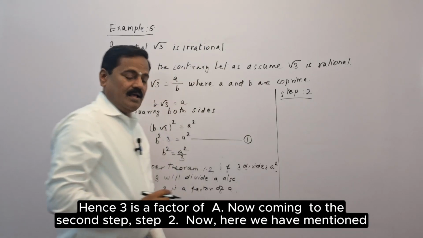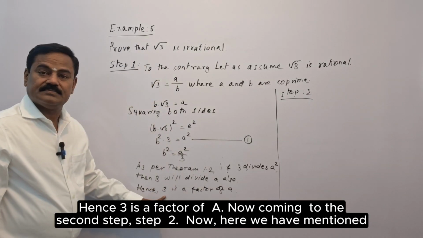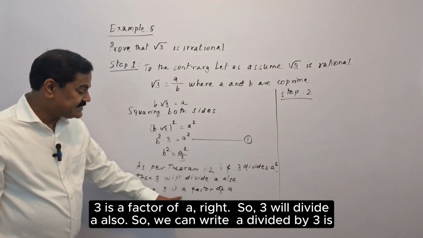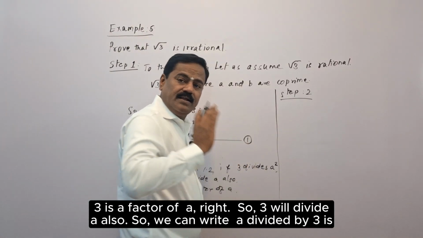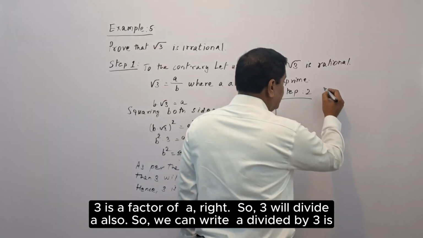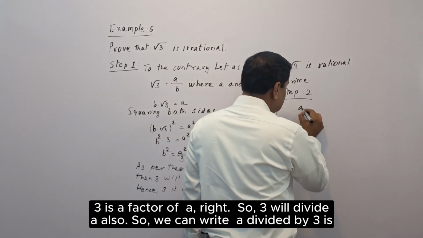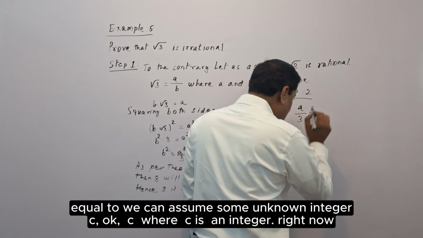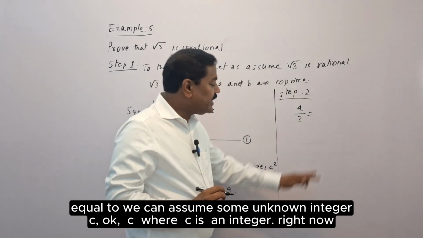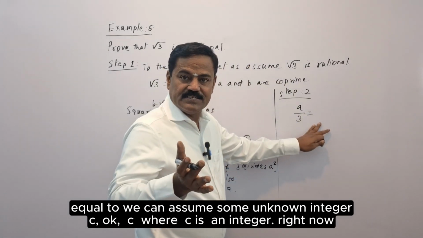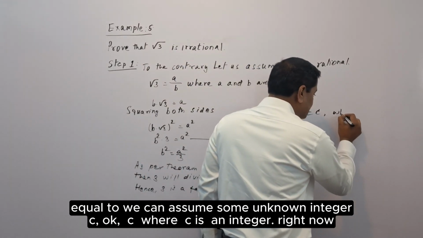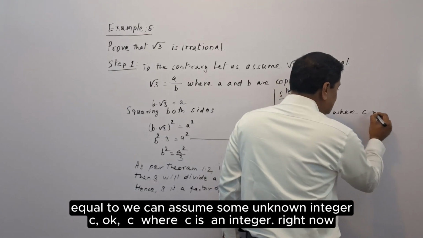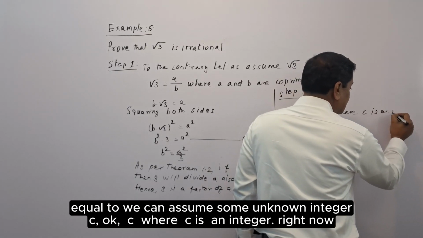Now coming to step 2. Here we have mentioned 3 is a factor of a, so 3 will divide a also. So we can write a divided by 3 is equal to some unknown integer c, where c is an integer.